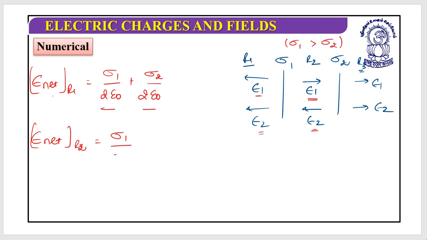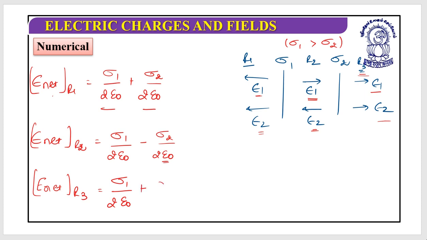So this is equal to sigma 1 by twice epsilon naught minus sigma 2 by twice epsilon naught. And in region 3, both electric fields are having the same direction, and if they are having the same direction, they must be added. It will look like this: sigma 1 by twice epsilon naught plus sigma 2 by twice epsilon naught. This is the net electric field.